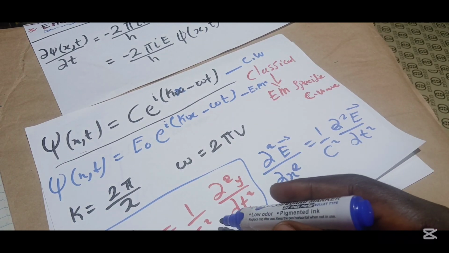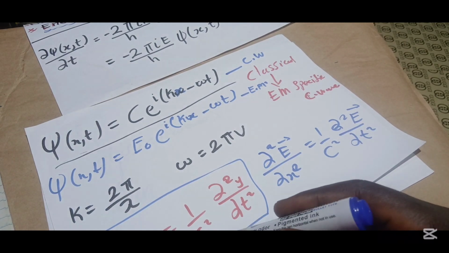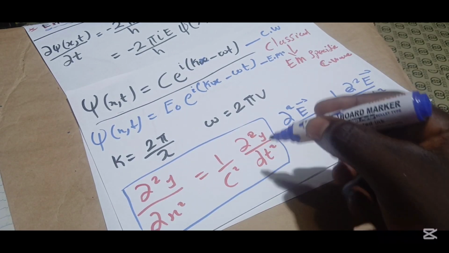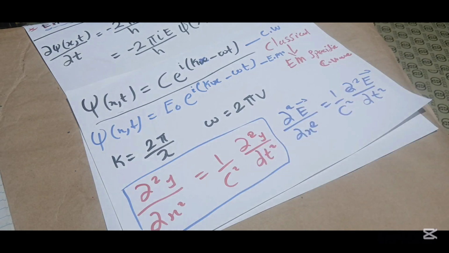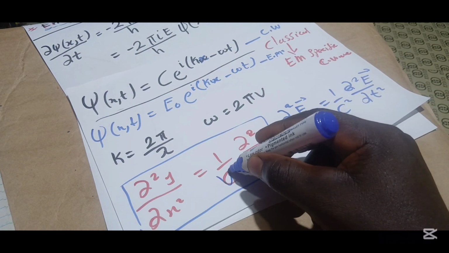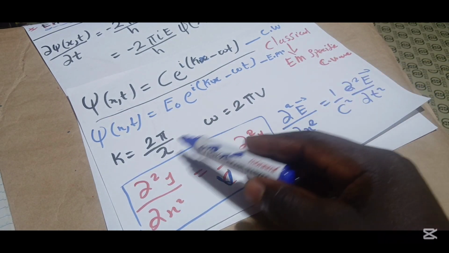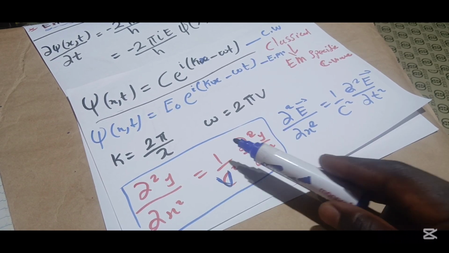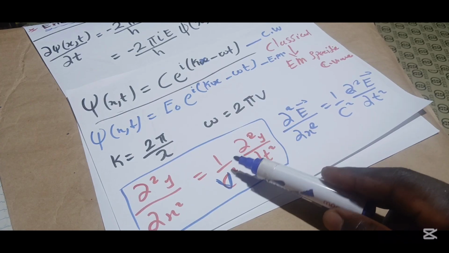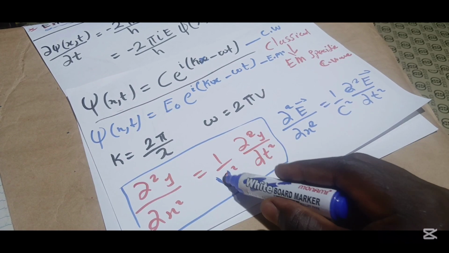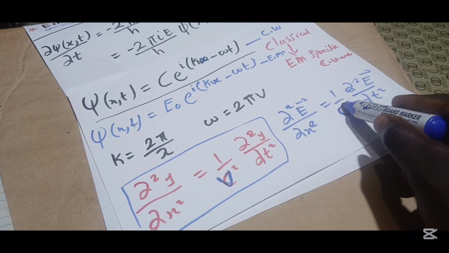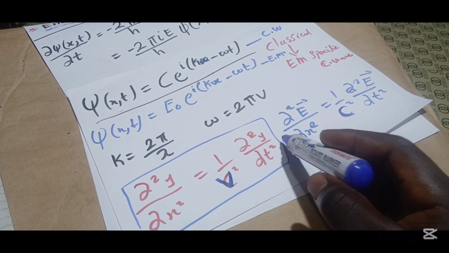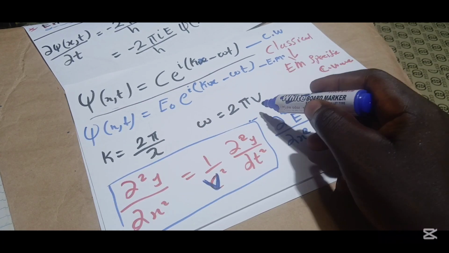I already said that this one is the differential form of the electromagnetic wave, and it is true. Just that for a classical wave, this should be v. You can write this as an equation that describes an electromagnetic wave, but the term here should be c, the speed of light, not the normal velocity. The moment the velocity comes in, it becomes a classical wave model.